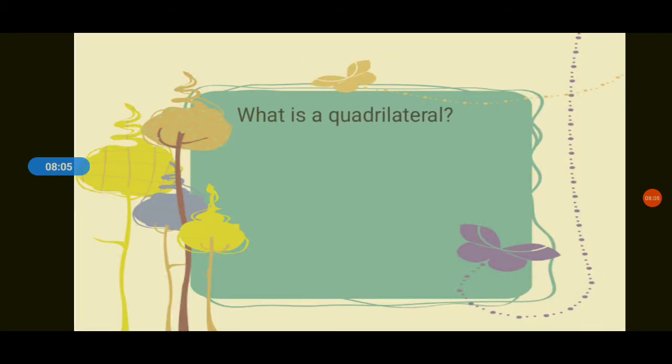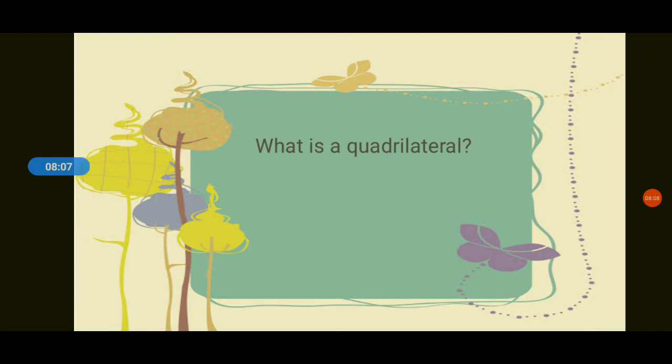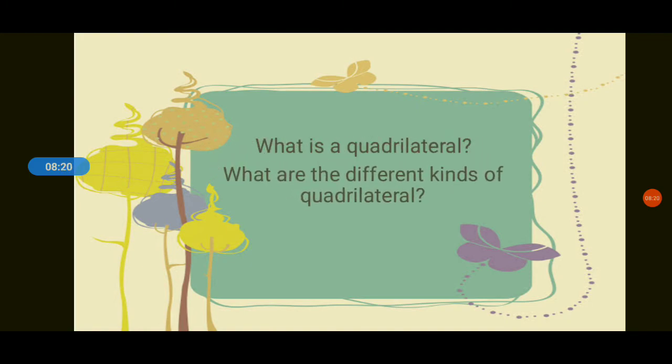Now, I have here some questions. What is a quadrilateral? A quadrilateral is a figure with 4 sides. So what are the different kinds of quadrilateral? The different kinds of quadrilateral are square, rectangle, parallelogram, trapezoid, and rhombus.